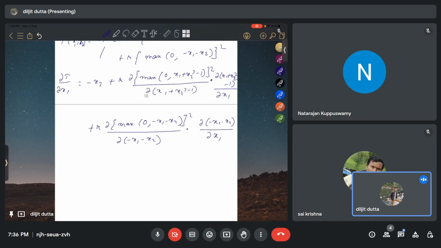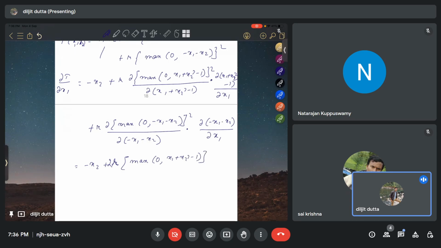So what we will get? We will get minus x2 plus r into, since this is a square, 2 will come outside.